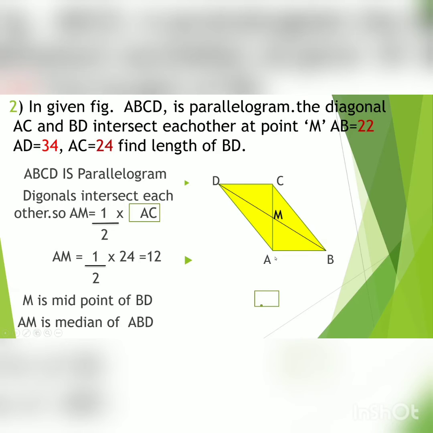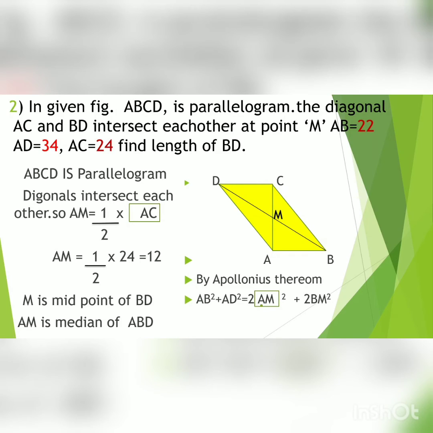Then applying Apollonius theorem, write down here: by Apollonius theorem in triangle ABD.